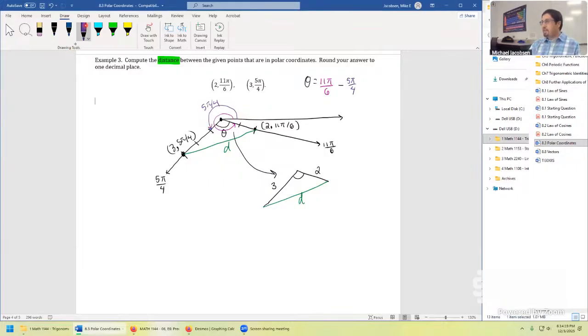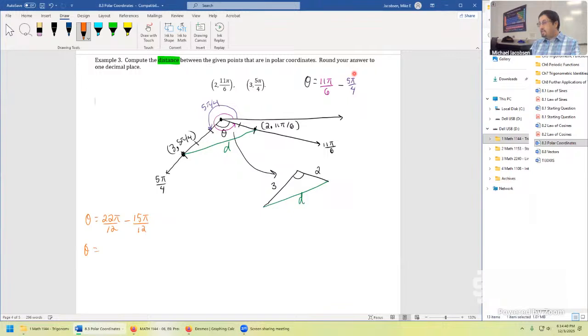Let's work this out in scratch for the fraction work. I didn't think far enough ahead for the space of doing the scratch work there. Our least common denominator is going to be a 12, so let's multiply that by 2 over 2. That's 22 pi twelfths. Multiply this by 3 over 3, so minus 15 pi twelfths.